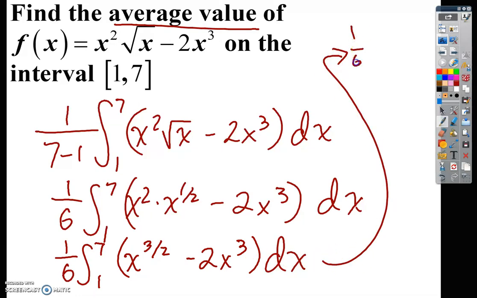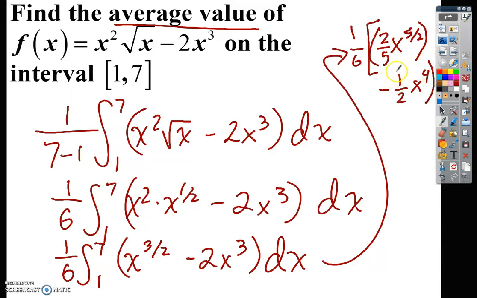Coming over here we have 1/6 times the quantity x to the 5/2 times 2/5 minus 1/2 x to the 4th, close those parentheses, and we're going to be plugging in from 1 to 7.